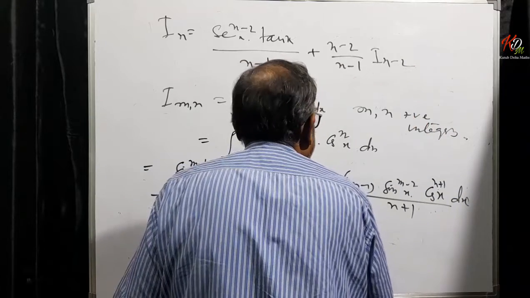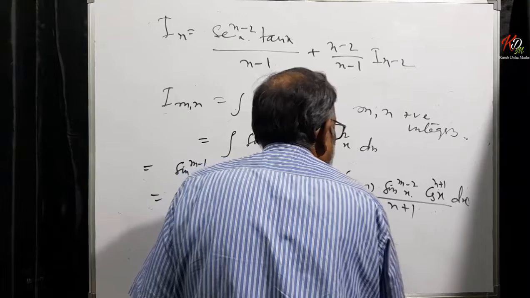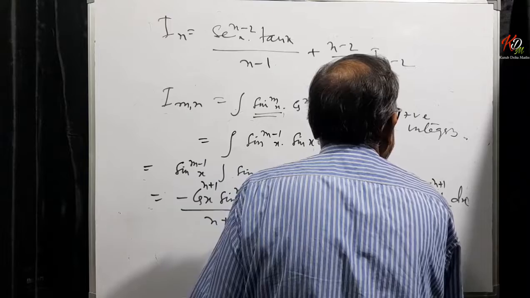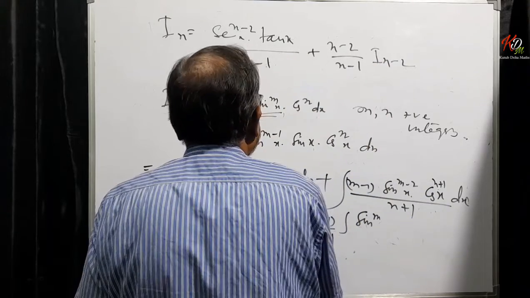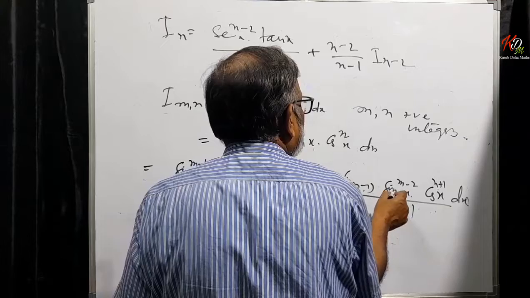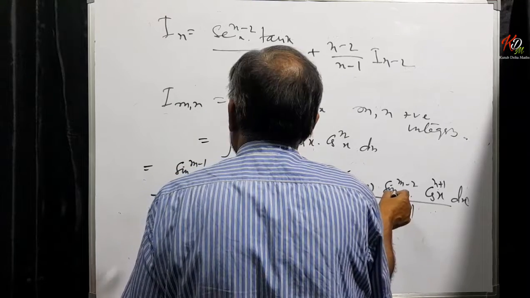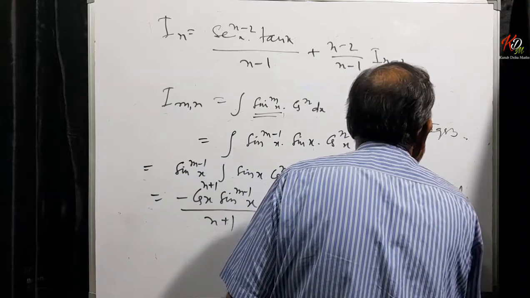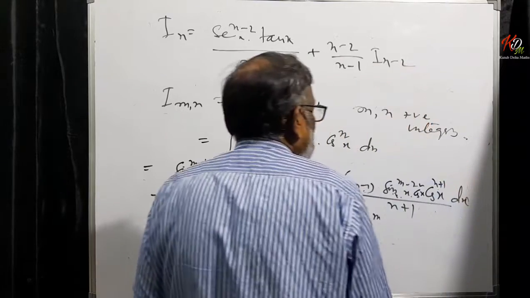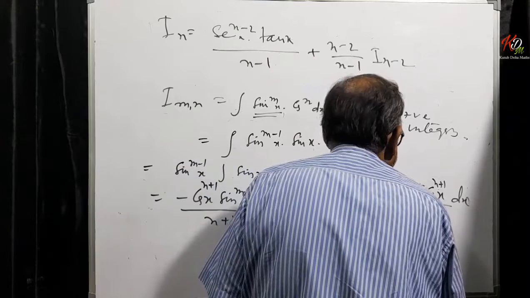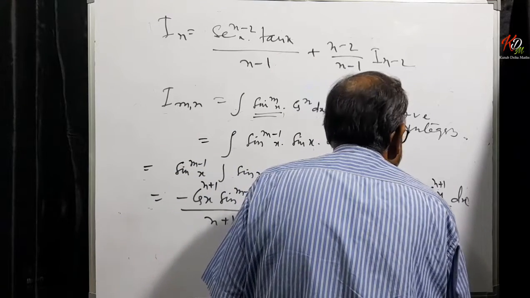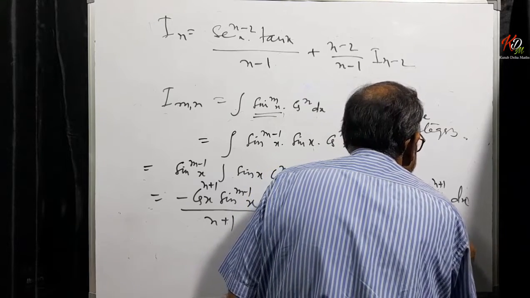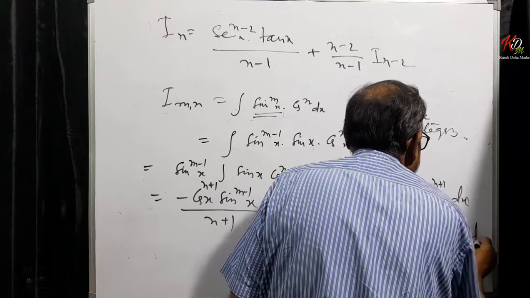So m minus 1 by n plus 1, sin to the power m minus 2 x into cos x, and cos x into cos square x. So sin to the power m minus 2 x, cos to the power n plus 1 x, 1 minus sin square x dx.